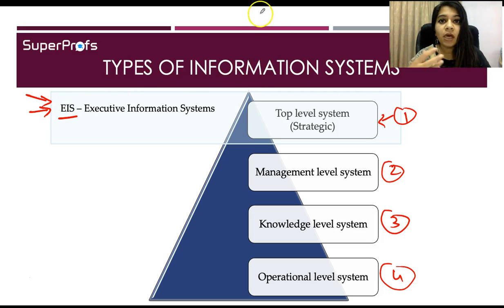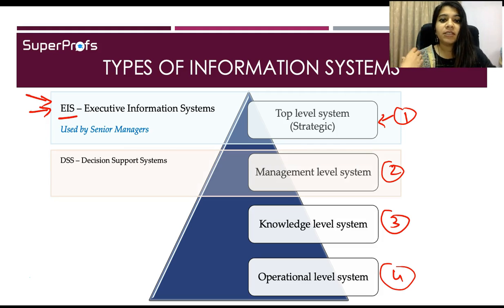The way you can remember this is because the people who are at the top are the executive team, so the information system used for them is executive information system. All right, and obviously if they are the top level senior managers, then it is used by senior managers.